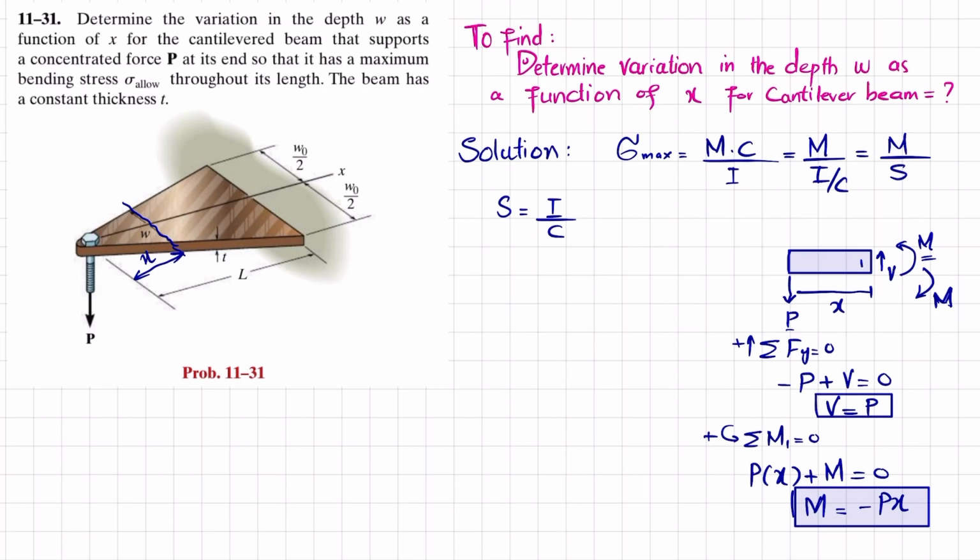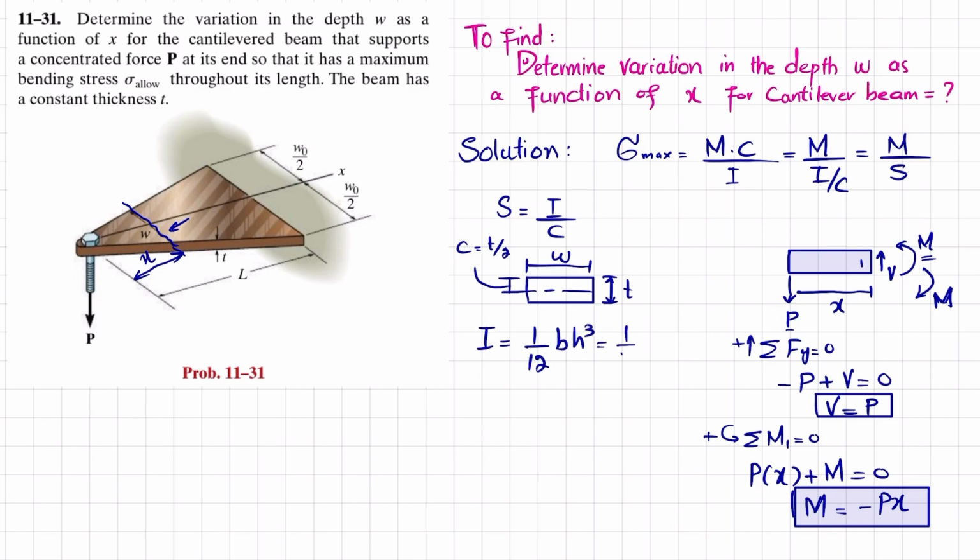Now we know that S is equal to I divided by c. If you look at the cross section, it will be like this one. Here this width is W and this is the thickness T. Clear? If you take the neutral axis, c will be equal to T divided by 2, and I will be equal to 1 over 12 b h cube.